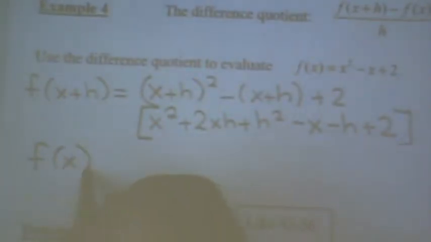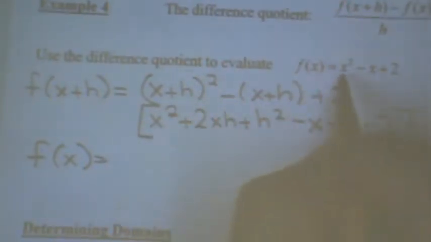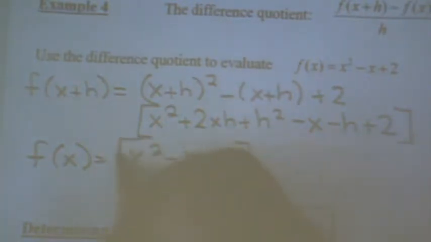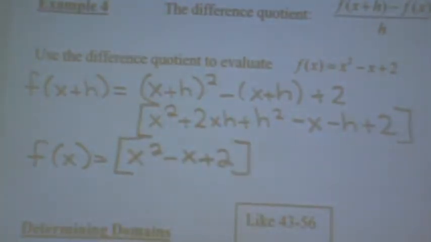Now we're going to plug in f of x. We're going to plug in x into this function. What do you get when you plug x here and x here? You get the same thing. Right, Sydney? Yeah. Those have to be in brackets. I put them in brackets because then what I do on the side here, now what I do, I'm going to take this as x plus h and I'm going to subtract that.